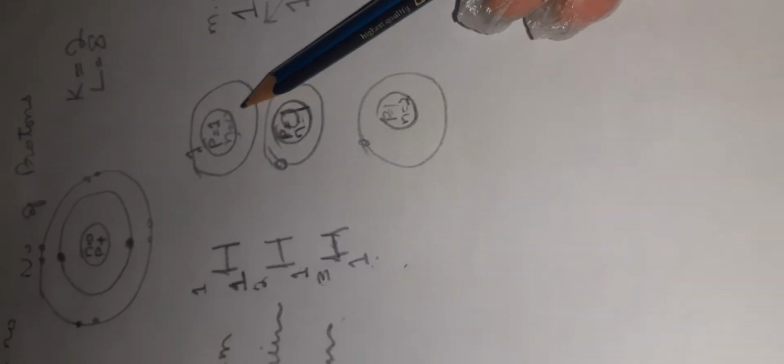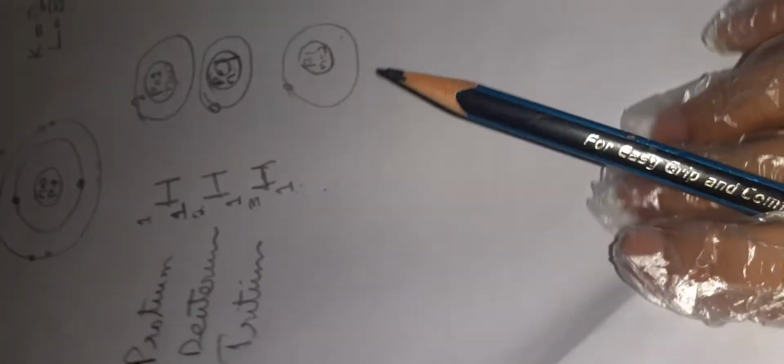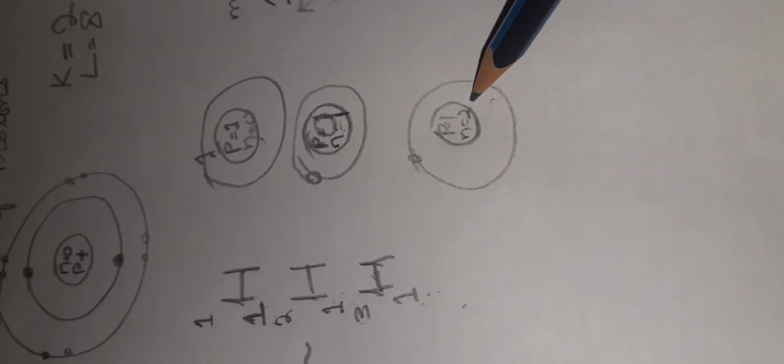For protium, the number of neutrons is 0. For deuterium, it's 1. For tritium, it's 2. Right? So in isotopes, the number of protons is always the same, whereas the mass number is different. That's because of changes in the number of neutrons.